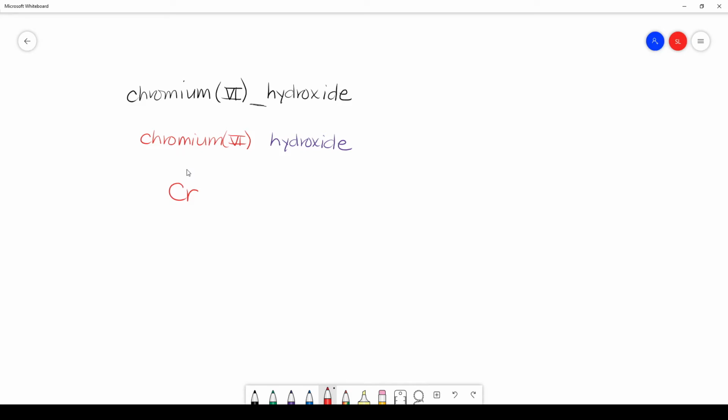But in this case, I really didn't have to run through that because I already know what the charge is. The Roman numeral is equal to the charge. So you quite literally register what that number is and write it down as the charge. There's nothing else that you have to do. You don't have to calculate. You don't even have to go through that list, because the Roman numeral tells you the charge. So you write it down and you're done with the cation.